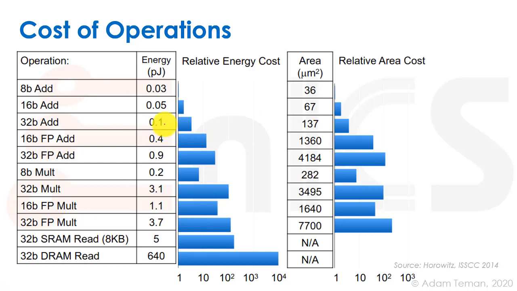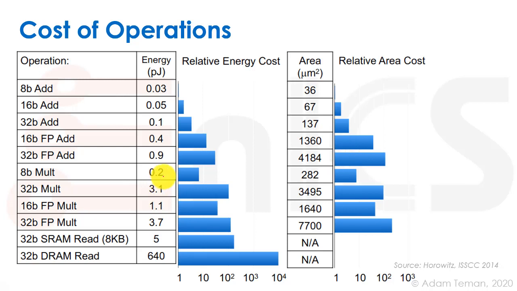If we go over to floating point, we're already quadrupling that, and for a 32-bit floating point adder, it's even about 9 times as much as a 32-bit standard add, and we also have another order of magnitude, or even more than that, in area.